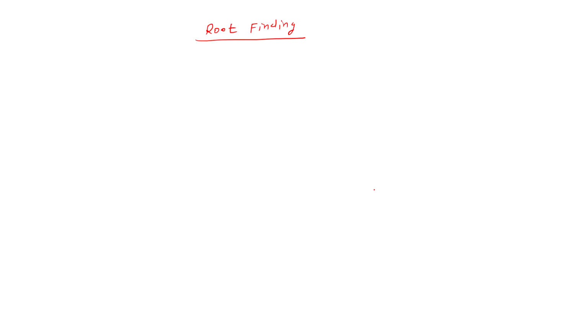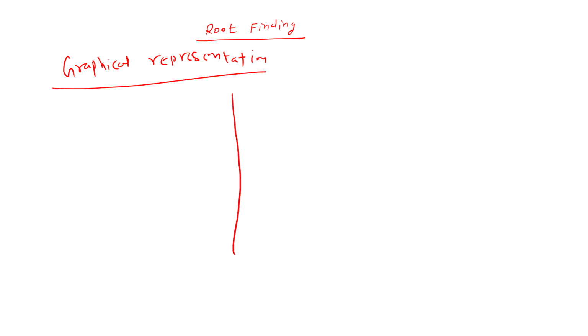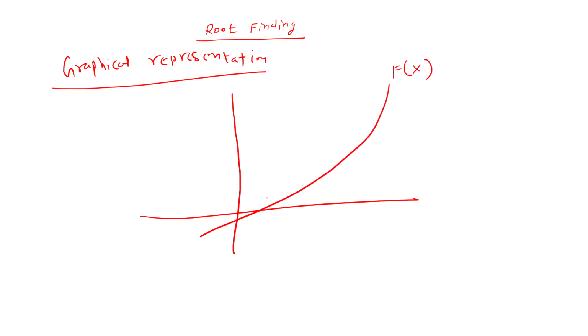Now let us understand this with a graphical representation. So what are we doing here? Let us say this is my curve f of x and I want to find out the root.